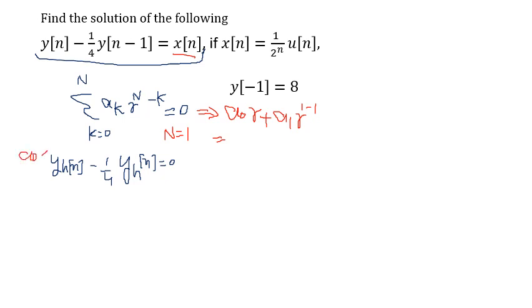The coefficient of this is 1 and the coefficient of this is minus 1 by 4, so a naught equals 1 and a1 equals minus 1 by 4.